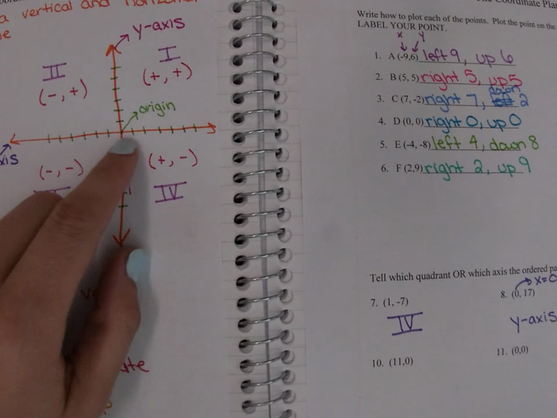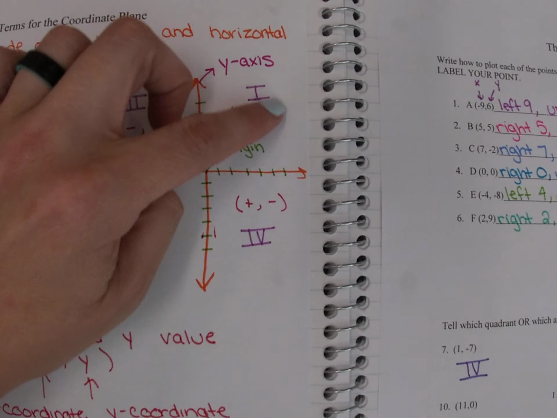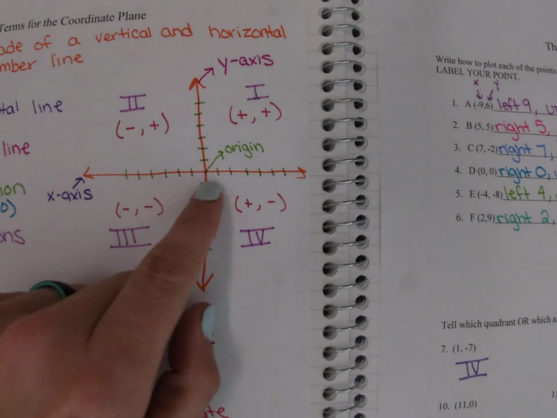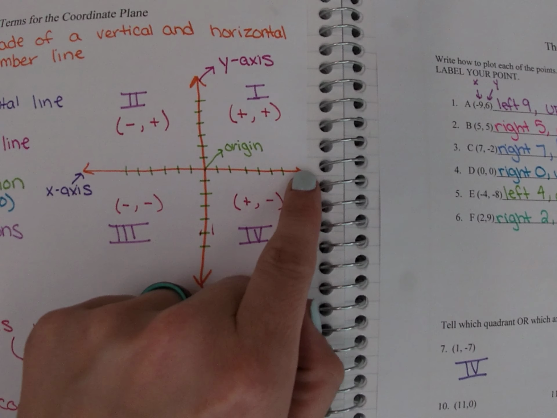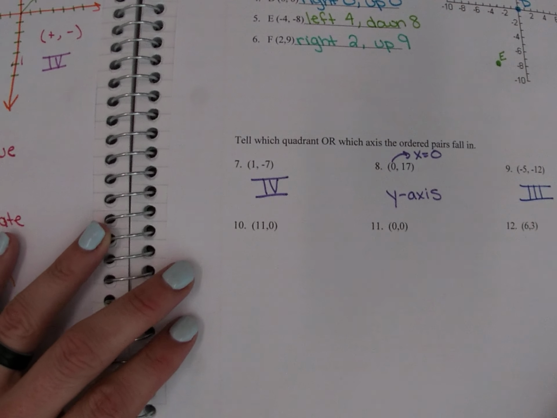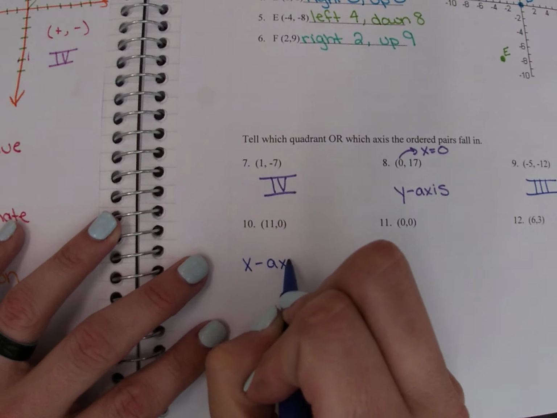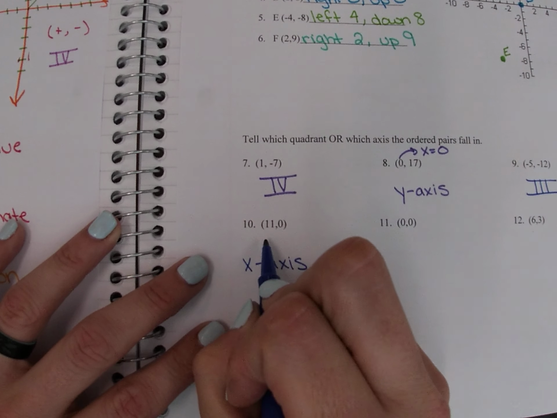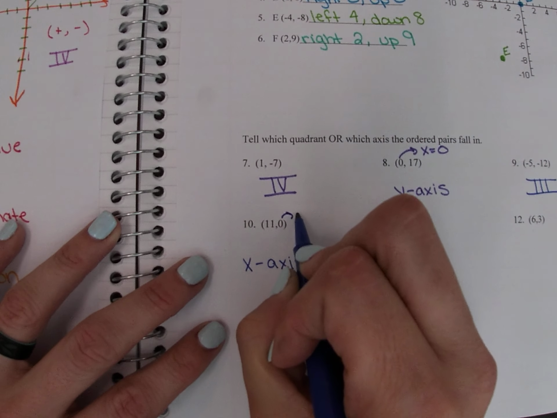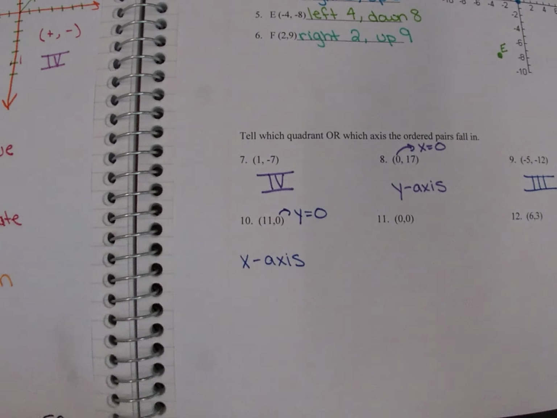So that means we are going to stay on this axis, which means this is on our x-axis, which will always be the case. If y equals 0, then we will be on our x-axis.